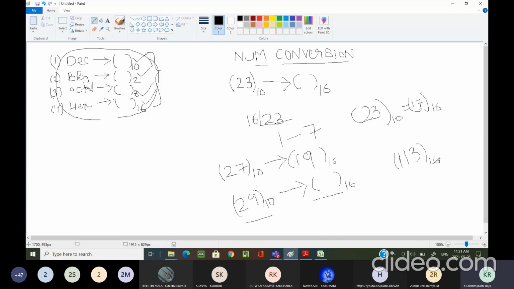I hope you are keeping your mobile phone somewhere else and doing your own work. Roll number 68. We are doing problems here in the class. Roll number 79, I'm calling roll number 79. Are you there in the session?